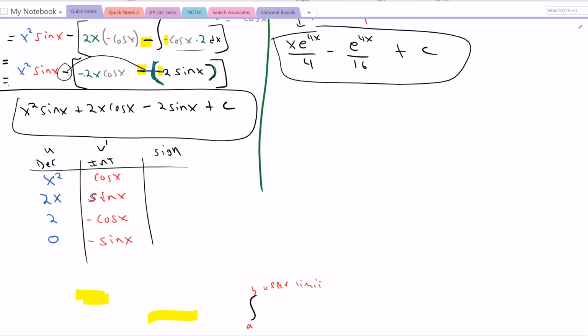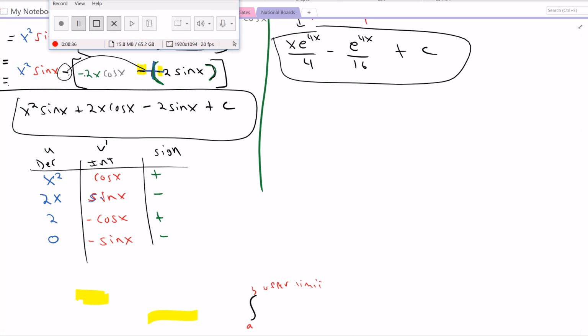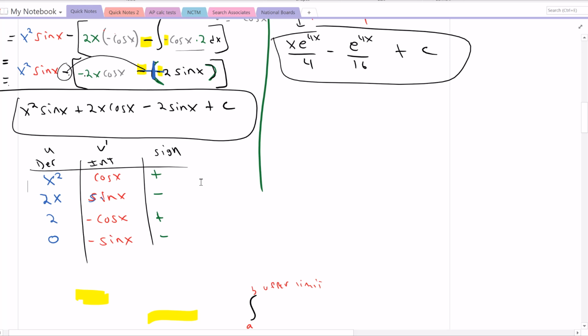On the right hand side, we're just going to keep track of signs. So we start with plus, minus, minus. Hold on a second, let me check the sign thing. Okay, actually my apologies, we need to not start with plus, we need to start with negative. So negative, positive, negative, positive.